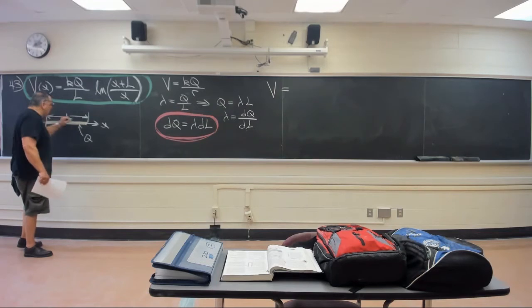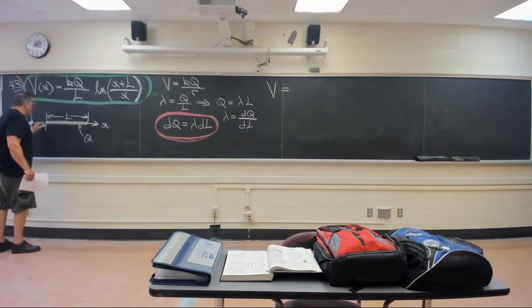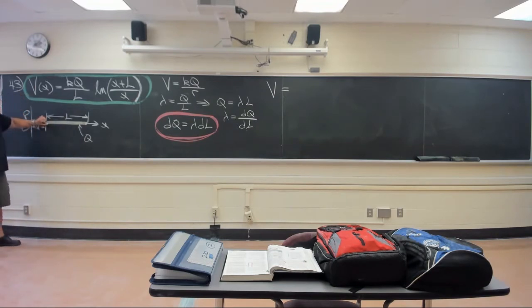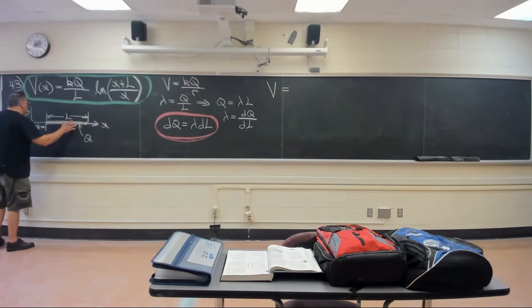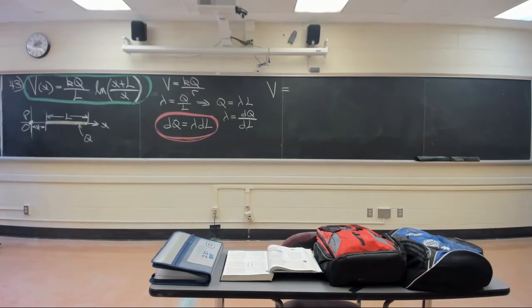This distance from here to here is 0.001, let's say. From here to here is 0.001 plus 0.001, which is 0.002. All the way to there, the length L is 0.001 plus 0.001 plus 0.001, that's 0.003. From here all the way to here, that length is capital L. Capital L plus X is the whole length in the big picture.